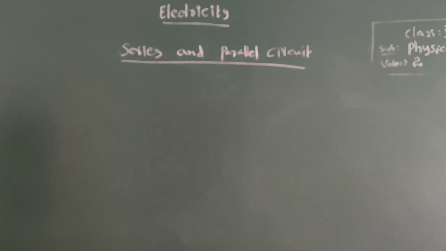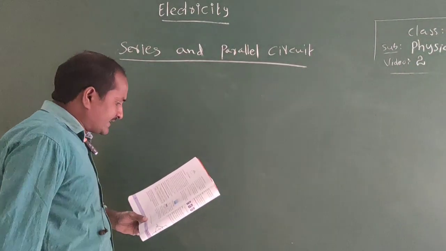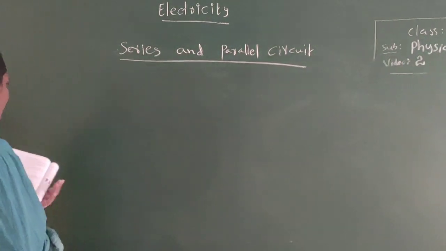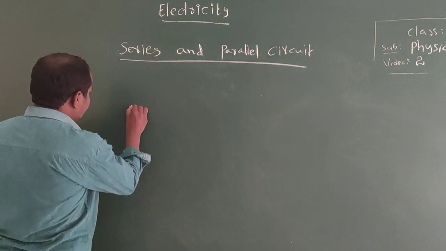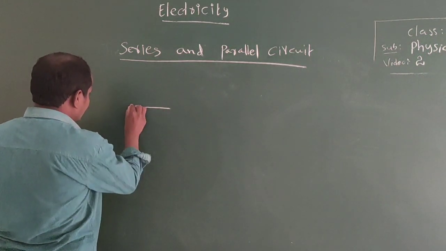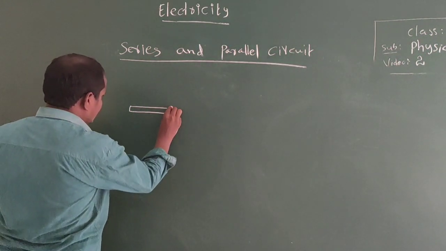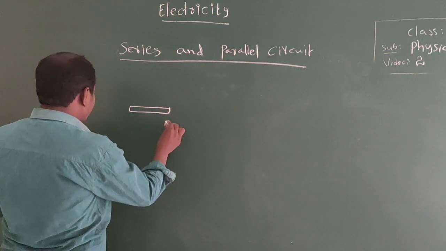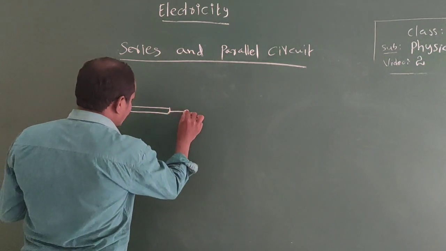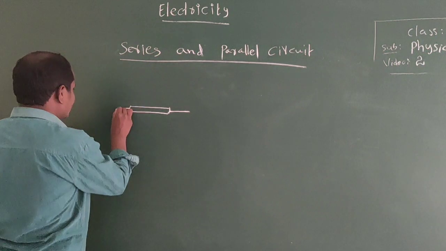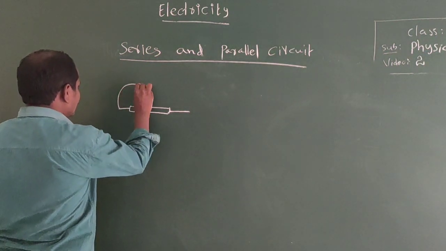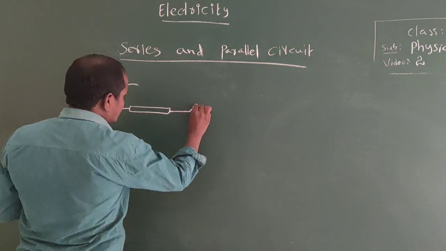In your textbook, cells are connected in series. For example, let's take a cell. It is a component, with a positive terminal and a negative terminal. These two are connected with one wire. It is a switch.